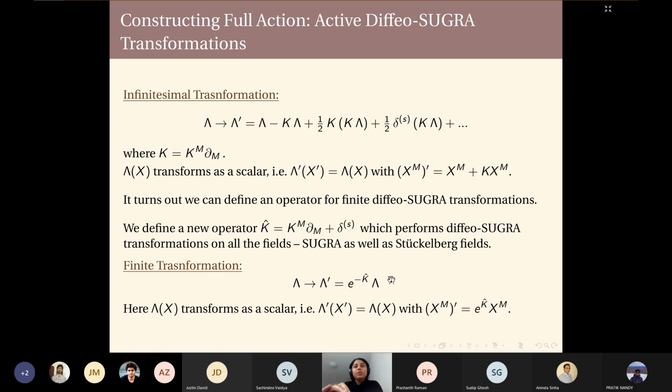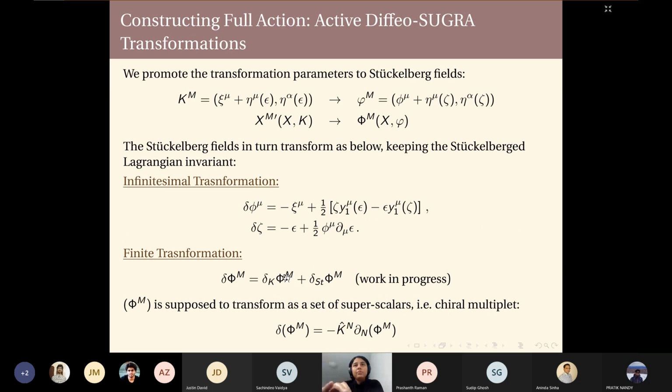And so if we find that this is how the fields transform under finite transformations, then we can again perform the Stückelberg trick as usual and write the Stückelberg unimodular supergravity action up to all orders, like the full exact action.